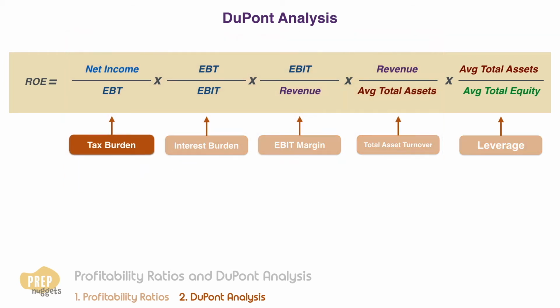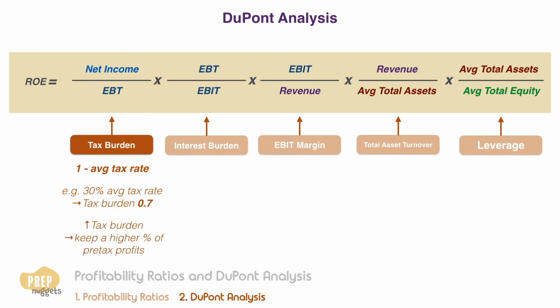The tax burden measures the effect of taxes on ROE. Essentially, it reflects 1 minus the average tax rate, or how much of a company's pre-tax profits it gets to keep. So a 30% average tax rate would yield a factor of 0.7. A higher value for the tax burden implies that the company can keep a higher percentage of its pre-tax profits, indicating a lower tax rate.